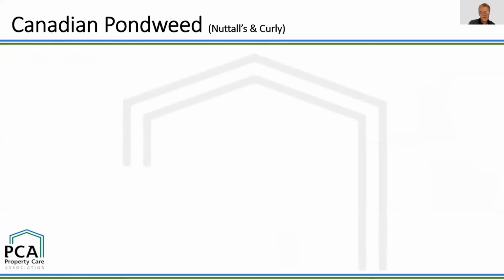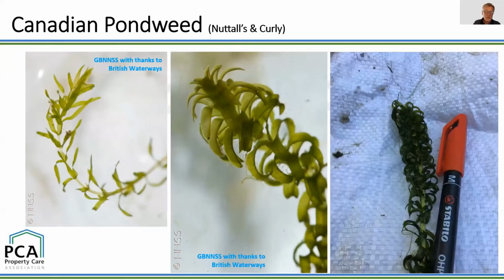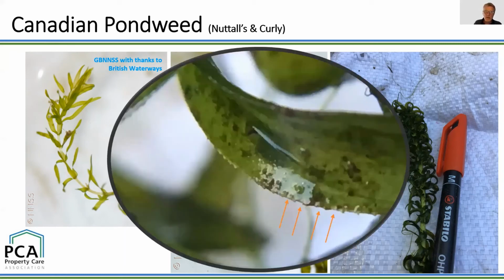So let's have a look at the differences between these three species. On the left, we've got Nuttall's waterweed, in the middle, Canadian pondweed, and on the right, curly waterweed. You'll see that curly waterweed and Canadian pondweed look superficially similar, but one of the main ways to tell the difference is that on the leaves of curly waterweed there are very, very fine small teeth, and these can be seen here.